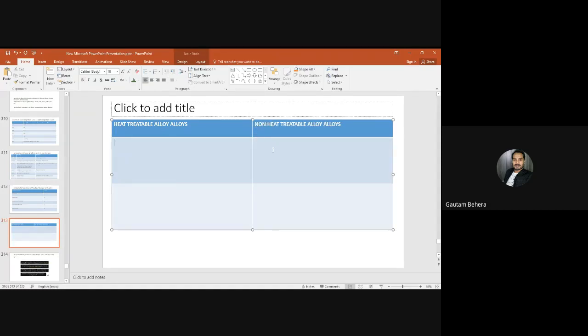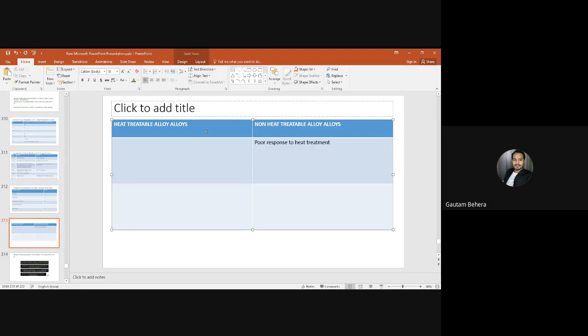Non-heat treatable aluminum alloys do not show any change in behavior upon heat treatment, or poor response, or no response. Poor response is better, right? Poor response to heat treatment means their strength will not improve upon doing heat treatment.